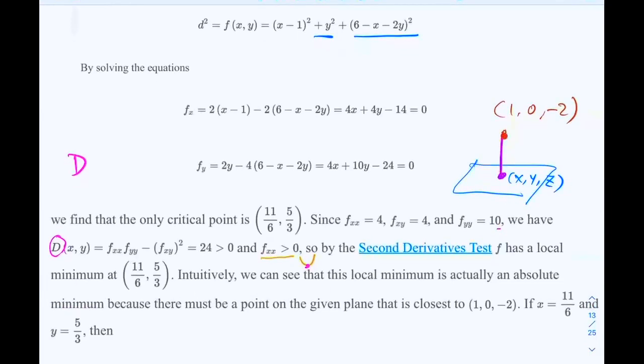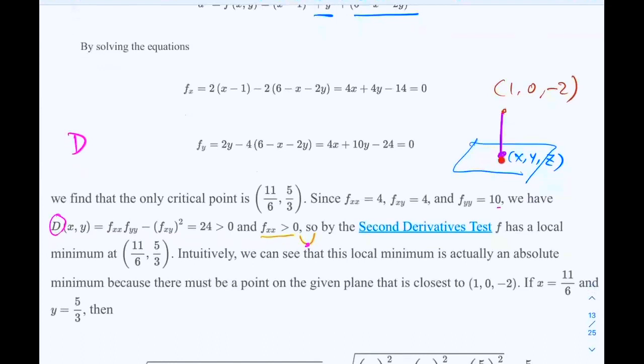Because this local minimum is also the absolute minimum because there's only one minimum. There's only one shortest distance, right? There must be a point on the plane that gives you the shortest distance from this point to the plane. So that is also the absolute minimum, okay?